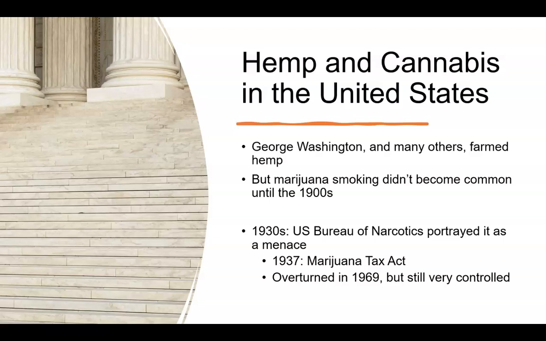Basically, the social practice of smoking cannabis and marijuana didn't really come into play until Mexican immigrants brought it into the United States. That use ultimately spread outward from points of origin, areas like New Orleans and other border areas.